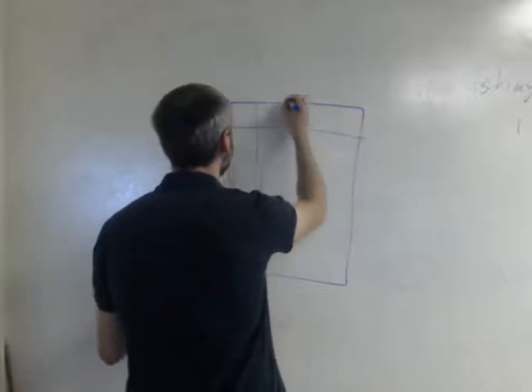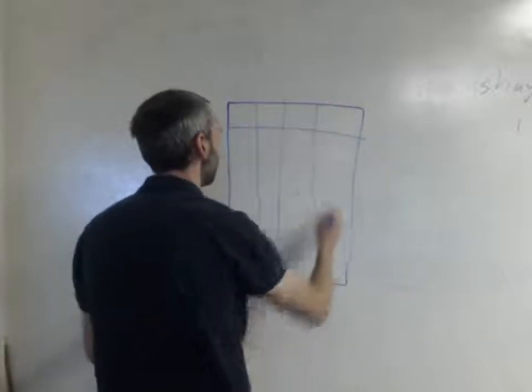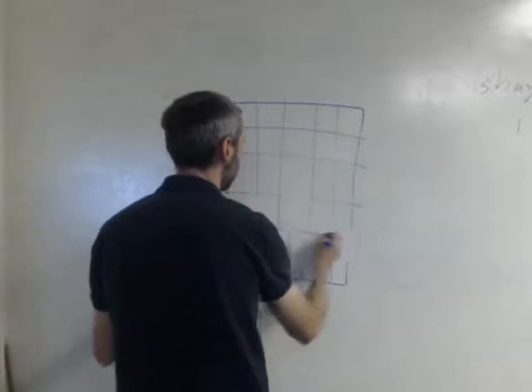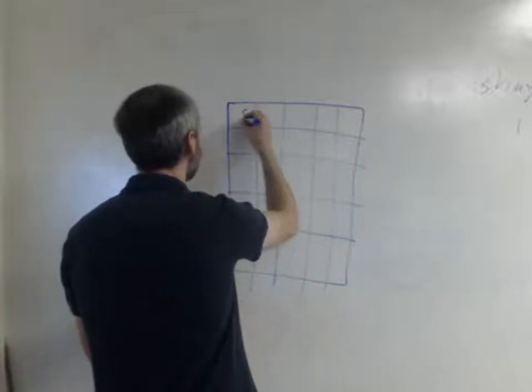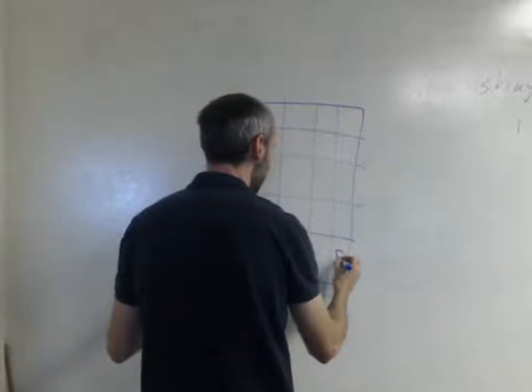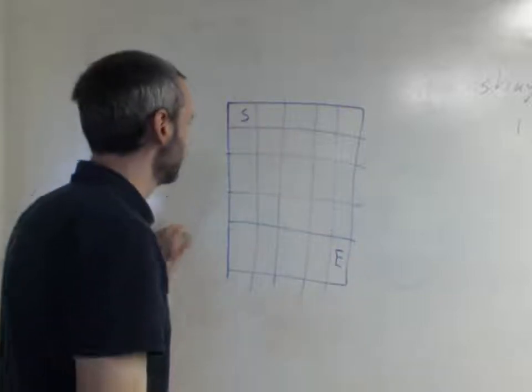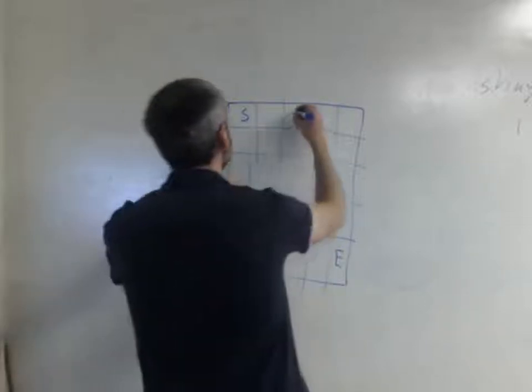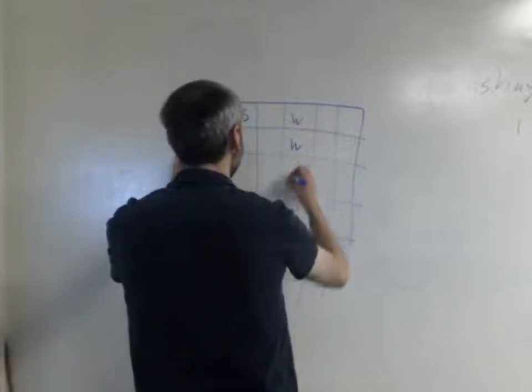And let's say we have a grid, just to make our lives easier. And we'll say that your start point is here, your end point is here, and anything empty you are allowed to move to, but we might put some walls in here.